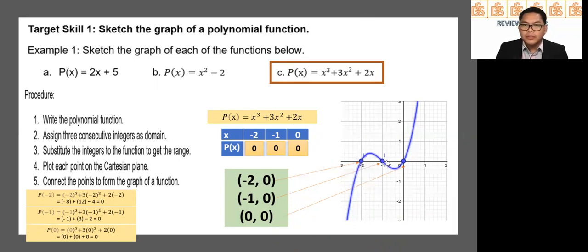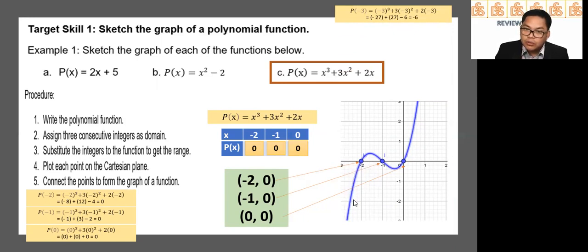If you have these points, okay, you may actually try a point on the left side of negative 2. And what is that? So let's try negative 3. If I try negative 3, as you see here, it becomes negative 6. And negative 6 is really going this way, okay, to negative numbers. So I'm now sure that from negative 2, the graph will go this way.